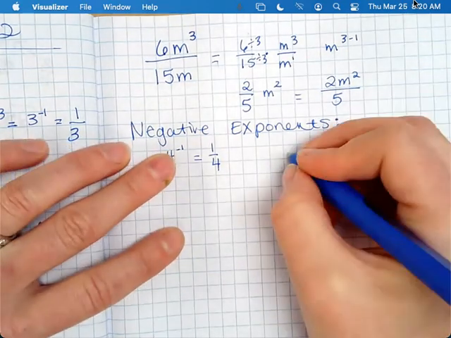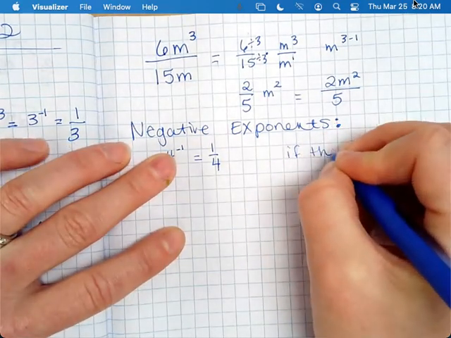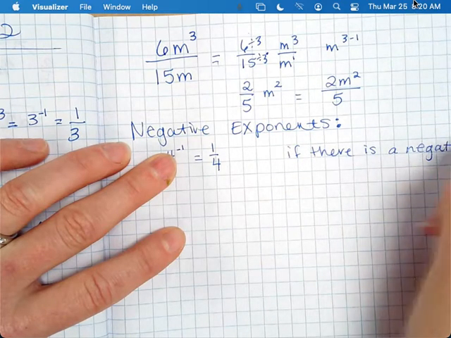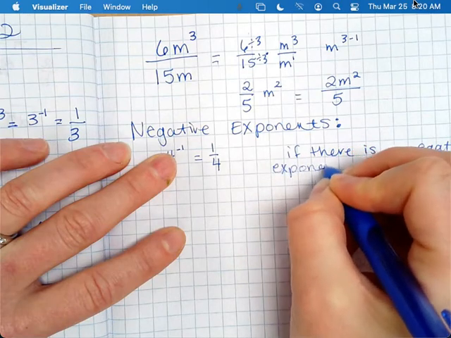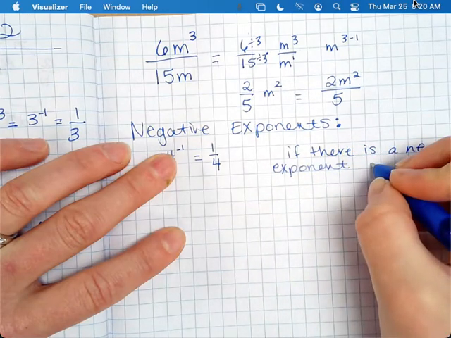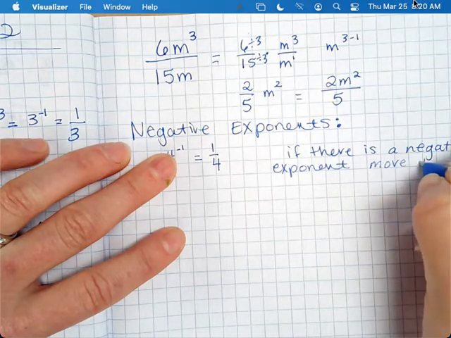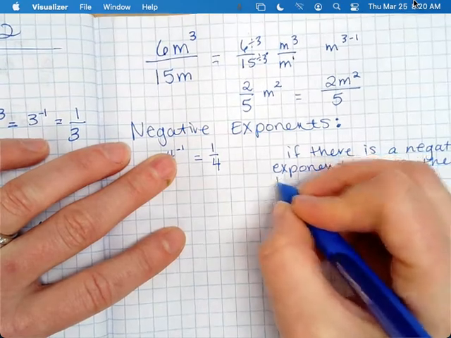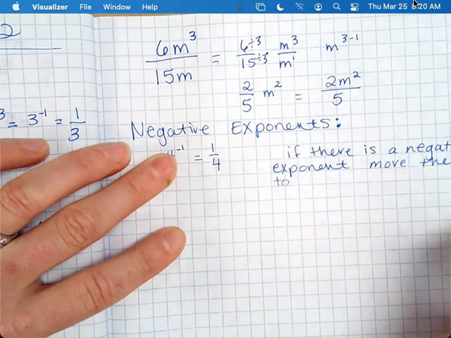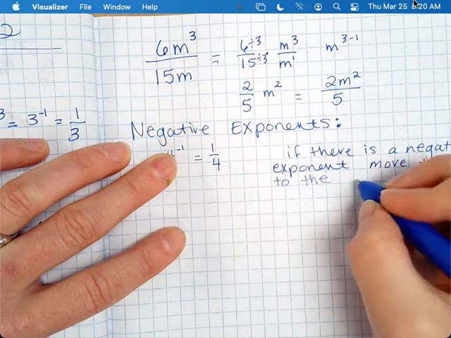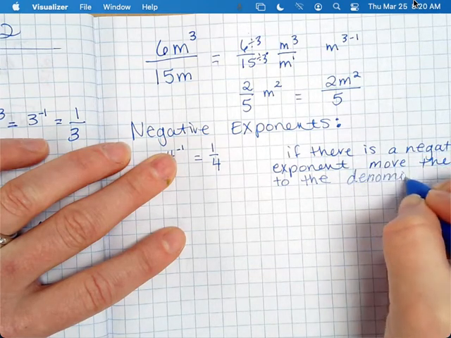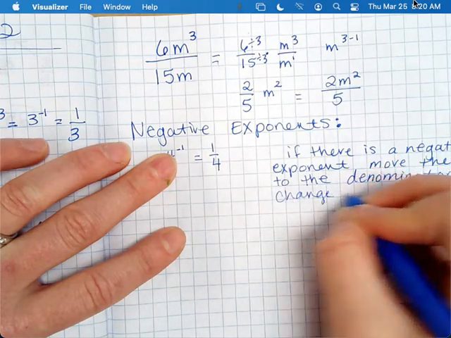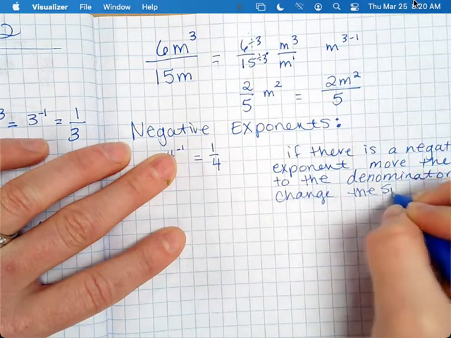If there is a negative exponent, move the base to the denominator and change the sign to positive.